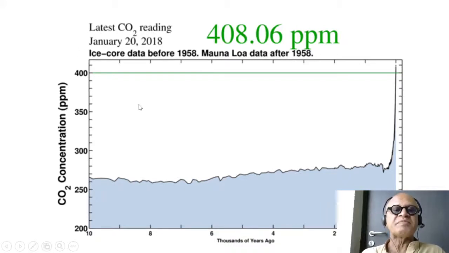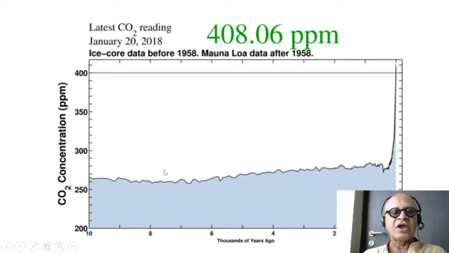The broader perspective on this is also important. If you look at our Mauna Loa time series, which is up here, and the variations of atmospheric CO2 concentrations estimated from the beginning of the Holocene using ice core data before 1958. This goes up to January of 2018, so now we are at 420 or so in 2020.